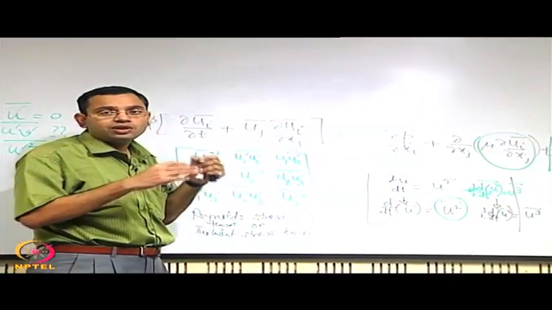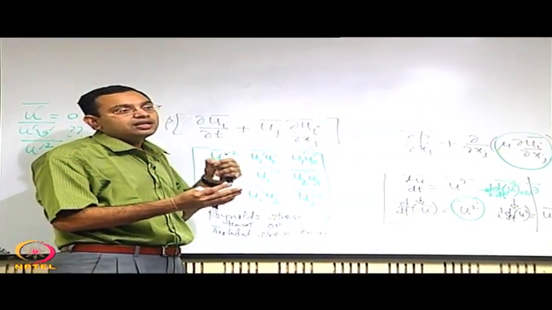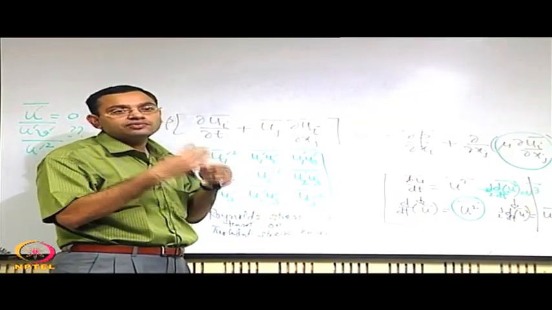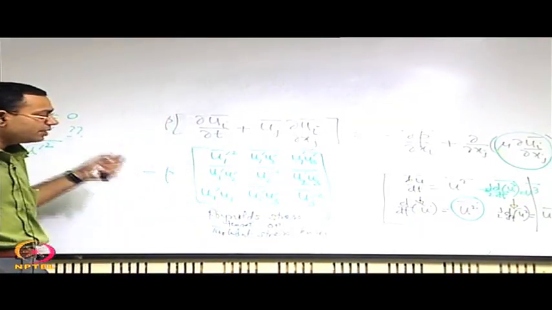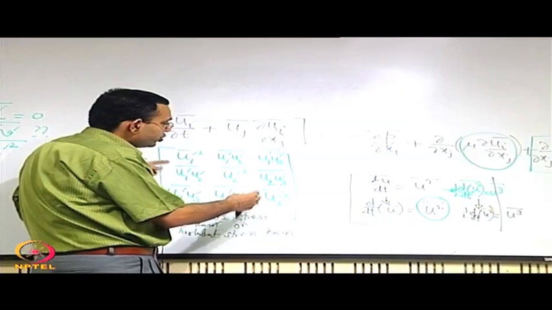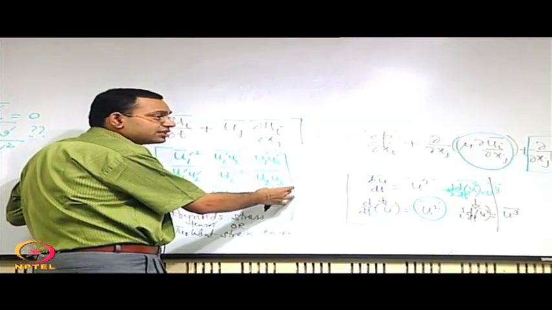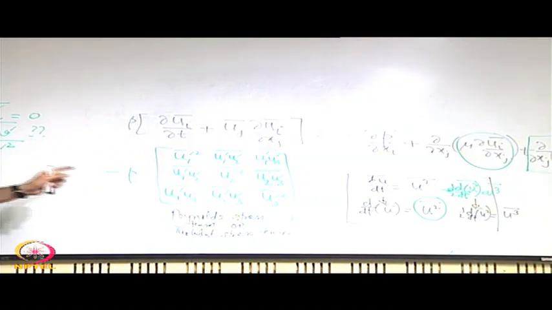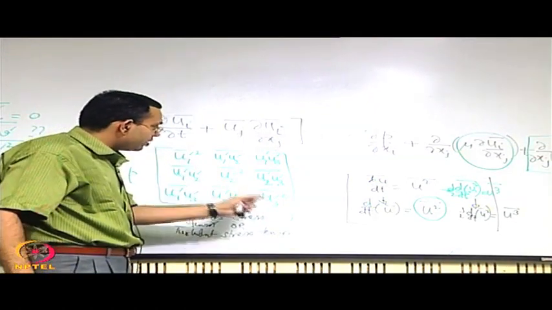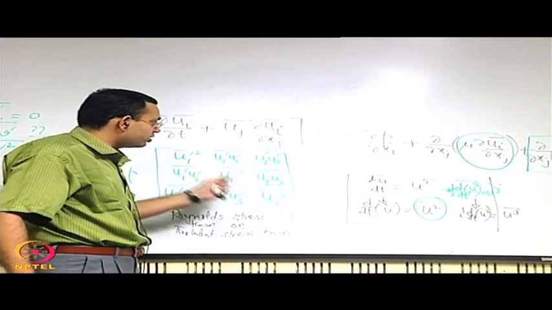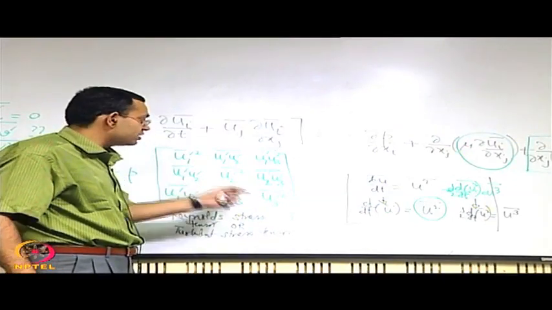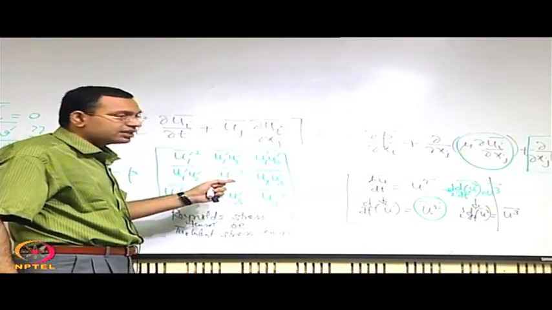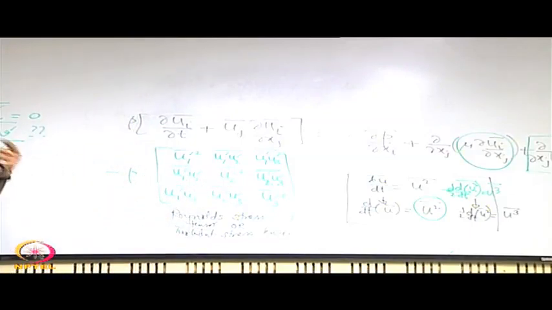Because that is what is responsible for the constitutive behavior in terms of the stress deformation relationship. So, similarly here also you may decompose the stress tensor into two parts. One part is obtained from the diagonal of the stress tensor, and that is equivalent to the hydrostatic stress tensor component.